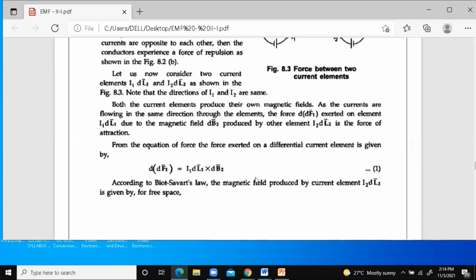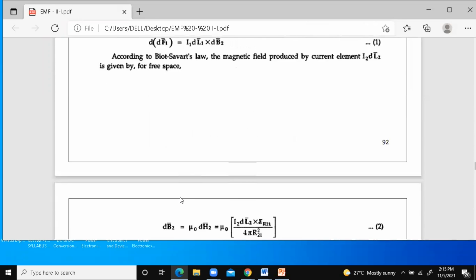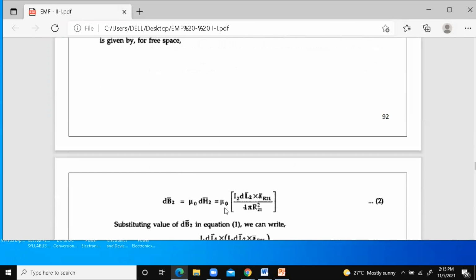From the equation of force, dF1 is this. According to Biot-Savart law, the magnetic field produced by the current element I2 dL2 is given by, for free space, here.